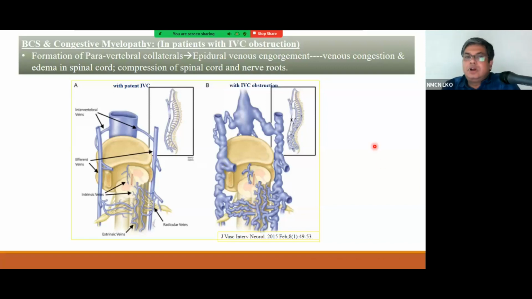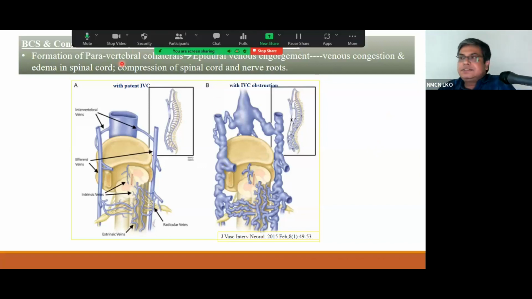So how does congestive myelopathy develop in patients with IVC obstruction? IVC obstruction leads to paravertebral collaterals. These collaterals are not like a straight low resistance pathway. They are dilated, tortuous with slow flow, so already they are in venous hypertension.